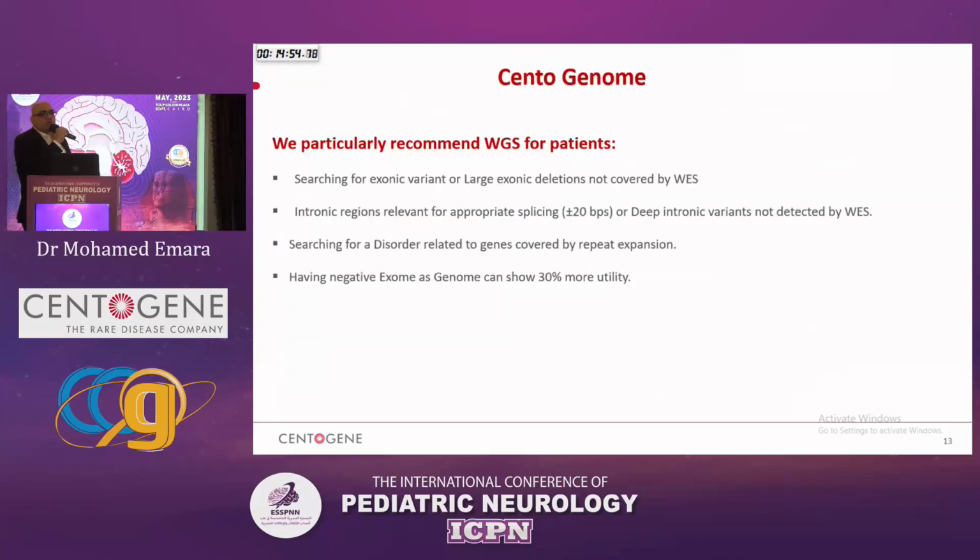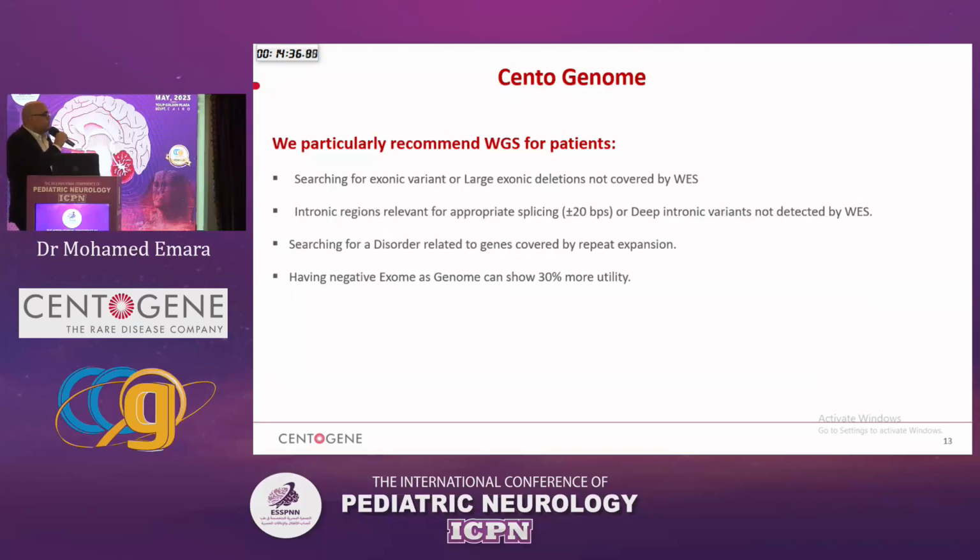Moving on from the whole exome, the whole genome is used when we are searching for an exonic mutation not covered by the whole exome, or we are searching for a large exonic deletion, the copy number variants the whole exome cannot cover, and it's covered by the whole genome.